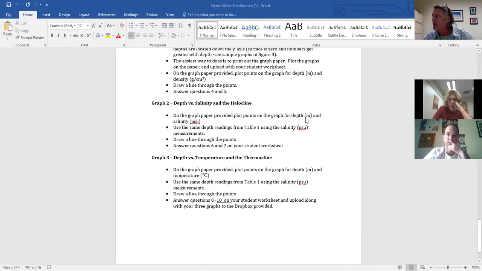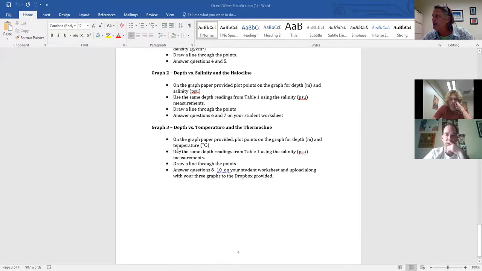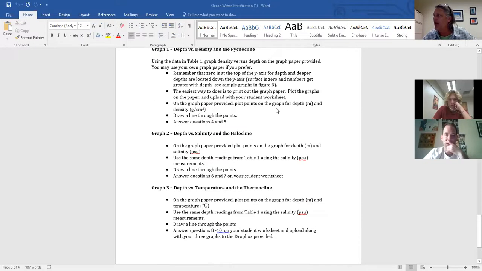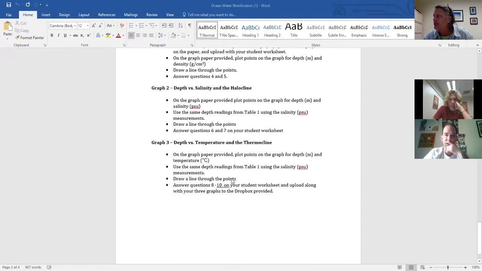They're right here: graph paper, plot the points depth and salinity, plot the points depth and temperature. You can use the same depth readings from the salinity and from here. Draw a line through the points, and then you have your interpretive questions. The questions can be found on the third page.